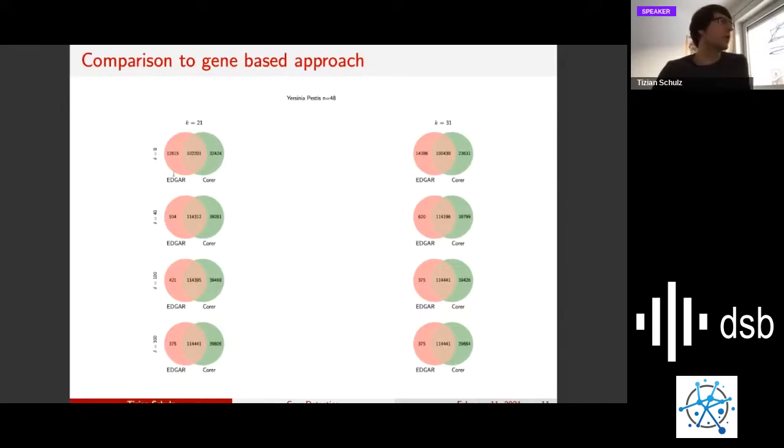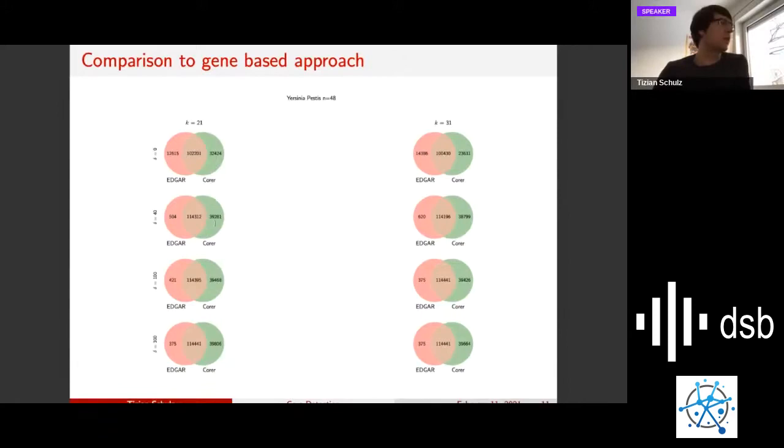So if we look at the number of genes that, for example, Edgar reports as belonging to the core, and that we do not find, this number goes down a lot as soon as we use a delta value. And to increase delta a lot more is not necessary here, so we won't improve our results anymore, or not really, at least.